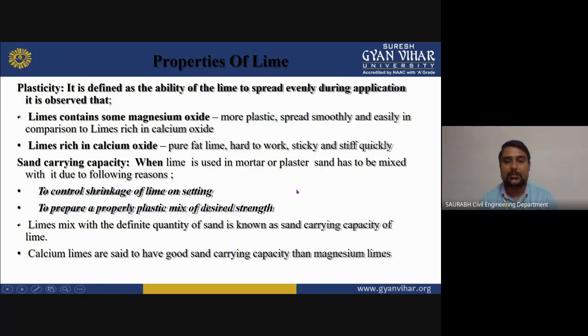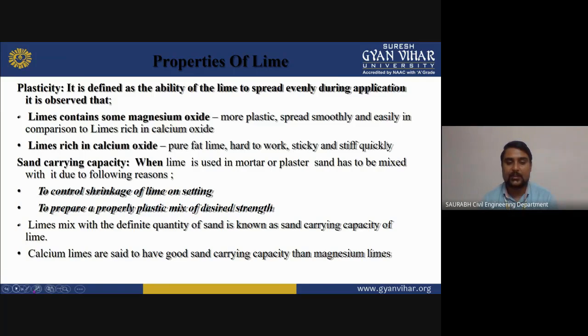Sand carrying capacity. When lime is used in mortar or plaster, sand has to be mixed with it for the following reasons: to control the shrinkage of lime on setting, and to prepare a properly plastic mix of a desired strength. Lime mixed with a defined quantity of sand is known as the sand carrying capacity of a lime. Calcium lime is said to have better sand carrying capacity than magnesium lime.